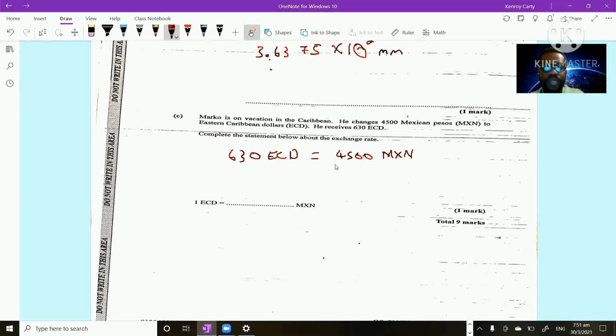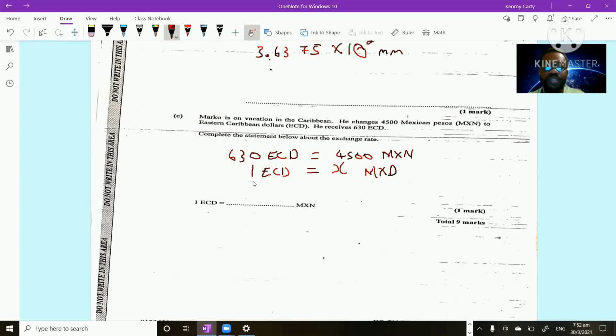All right. So you want to find out what 1 Eastern Caribbean dollar is. So you can say 1 ECD is equal to X MXN. That's what we don't know. So if we can find the value of X, we can find how much Mexican 1 Eastern Caribbean dollar is equal to.